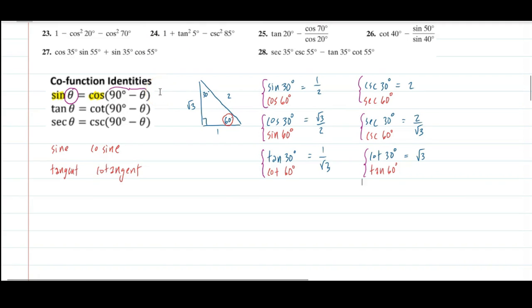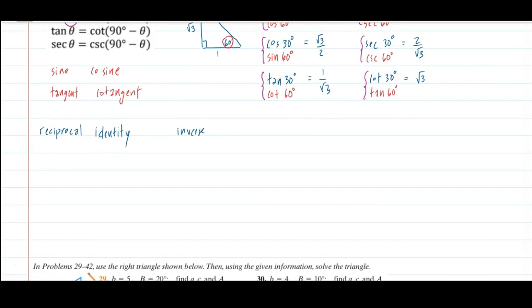And what I don't want you to get confused by is reciprocals, the reciprocal identities, or the inverse of a function. A reciprocal identity simply said that cotan theta is equal to 1 over the tan of theta.